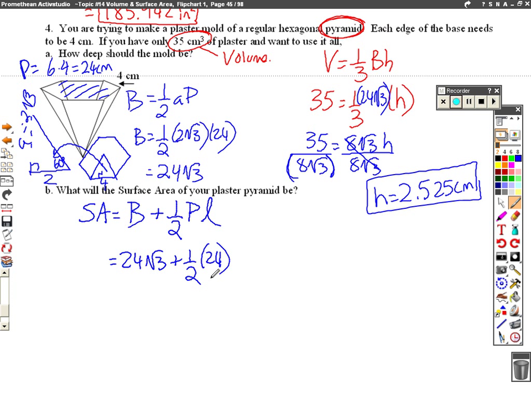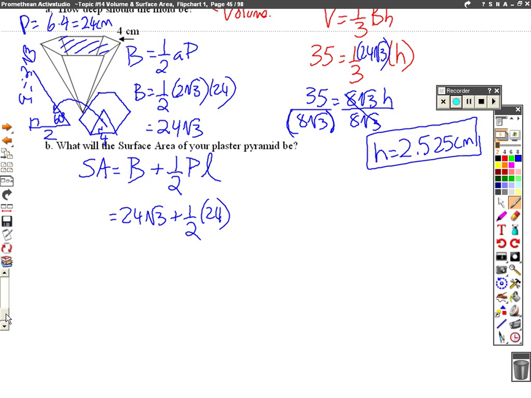Okay, this is like the problem we did yesterday in class, where slant height makes a right triangle with the height. So here's the slant height, here's the height, and this is actually the apothem. We had done this today in class. It's like there's a right triangle inside that pyramid. So I'm going to fill in what I know. The height is 2.525.